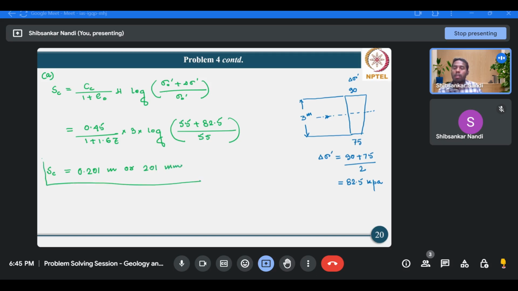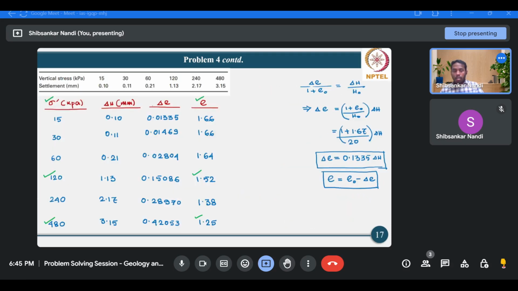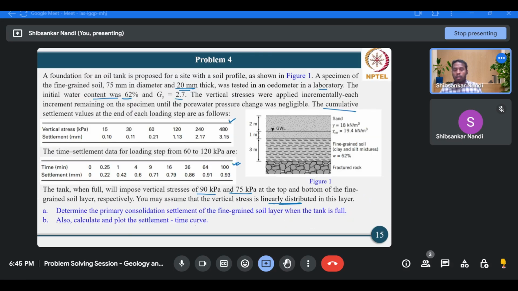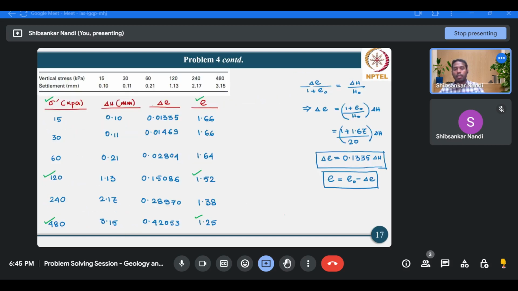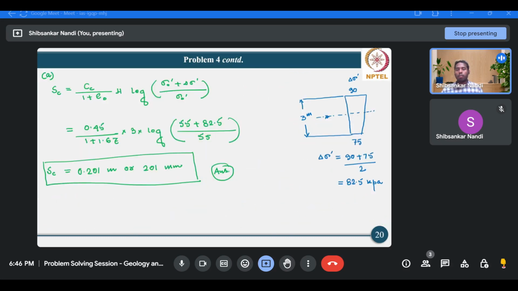So this is the answer to the first part of this problem: what will be the primary consolidation settlement of the fine grained soil layer when the tank is full? The answer is 201 millimeter.